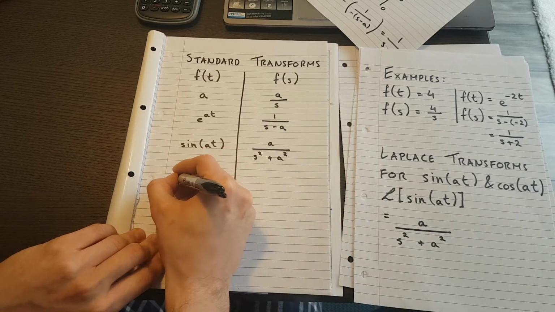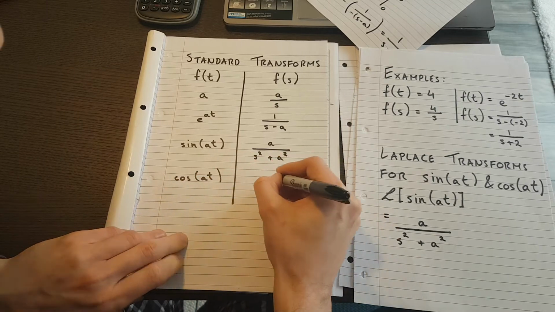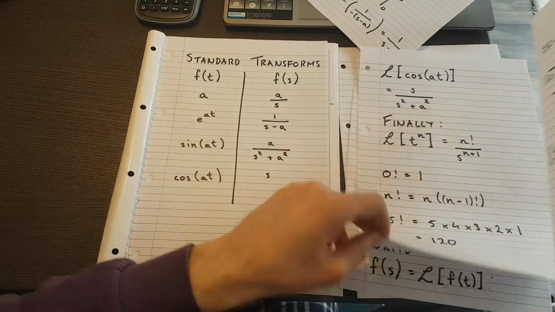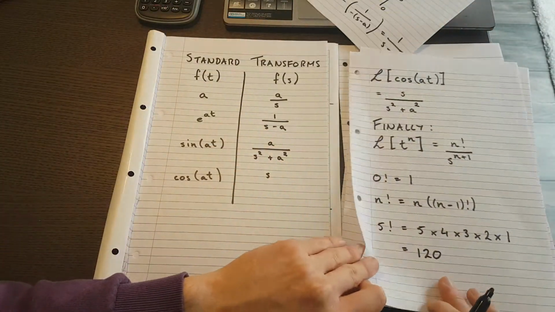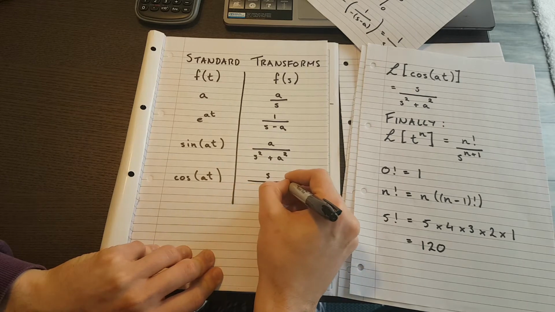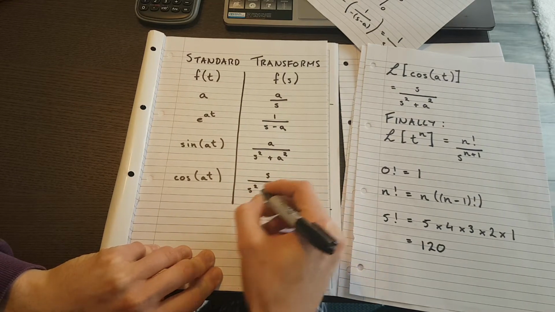We would have the cosine, which is very similar, but it's an s on top. s on top, and I have s squared plus a squared.